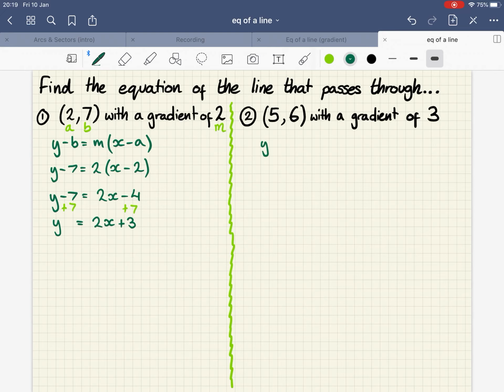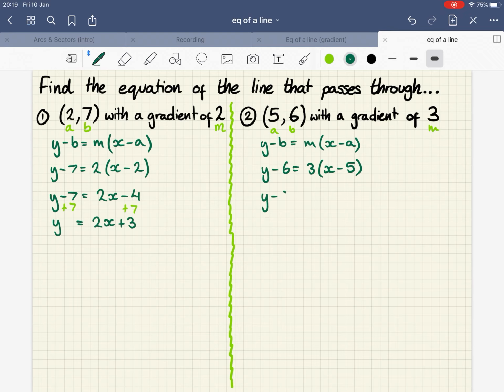So again, write out my formula, y minus b equals m bracket x minus a. There's my a, there's my b, that's my m. So I've got y minus 6 equals 3 bracket x minus 5.